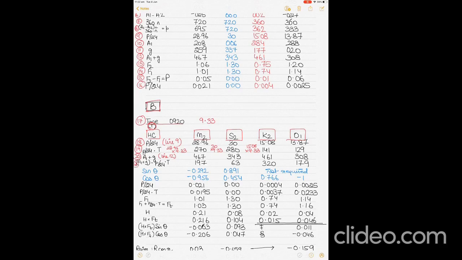Then line number 21 becomes A1 plus G minus P by 24 times T. So basically line number 20 minus line number 19. So this will be 467 minus 270.